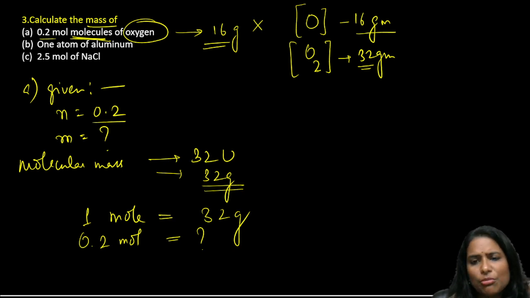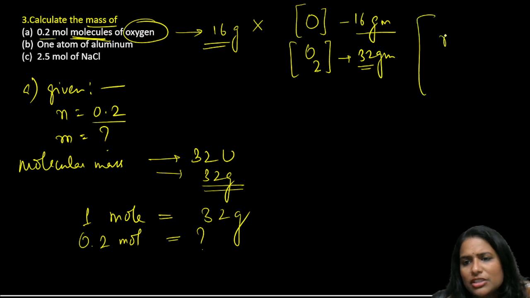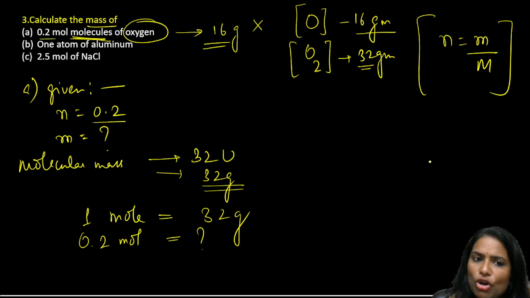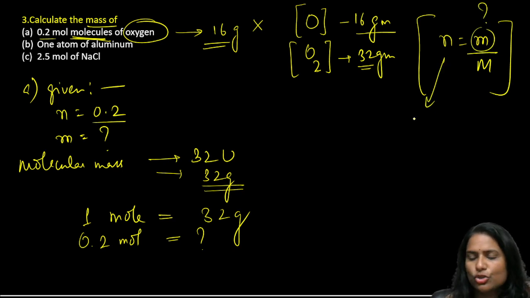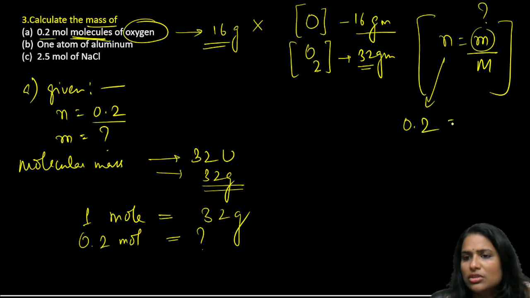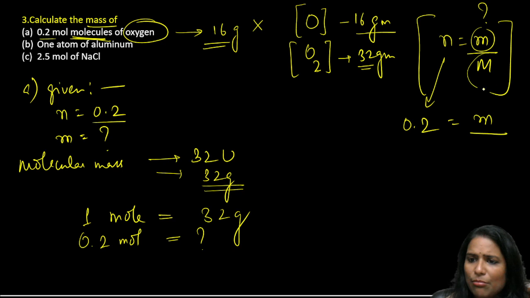Or you have the formula with you: small n equals small m upon capital M. With this formula also you can do it, where you need to find the mass, which is the question mark, right? So small n is given to you, 0.2 moles, then small m you need to find out, and capital M, the molar mass of oxygen, is 32.